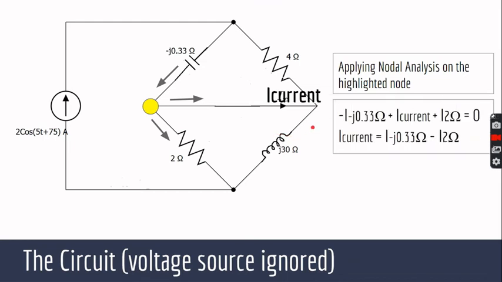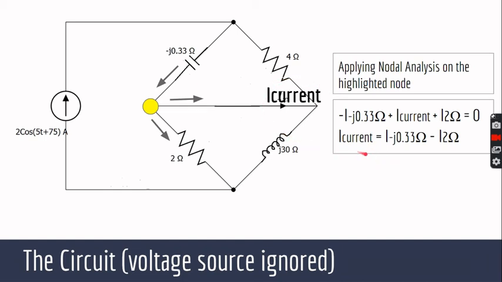So we can write the equation minus the current of the minus j0.33 ohm capacitor here, plus I current, and then plus again the current of the 2 ohm resistor over here. And if you move things around, we finally have I current.